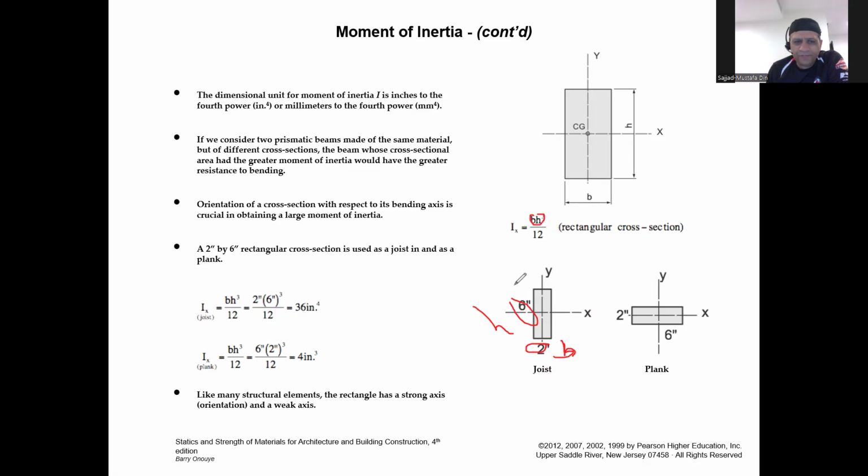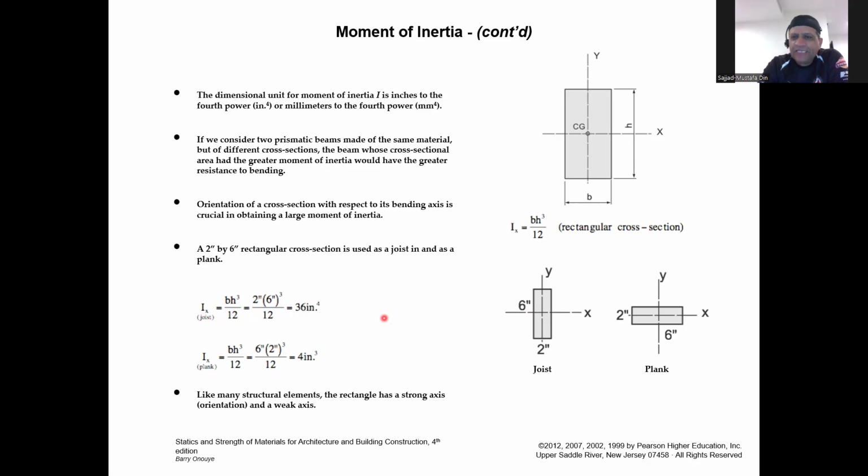So for this example, a 2-inch by 6-inch rectangular cross-section, Ix, the moment of inertia around the x-axis, can be calculated as bh cubed over 12. It's going to be 2 times 6 cubed over 12, which is 36 inches to the power 4 for the joist.